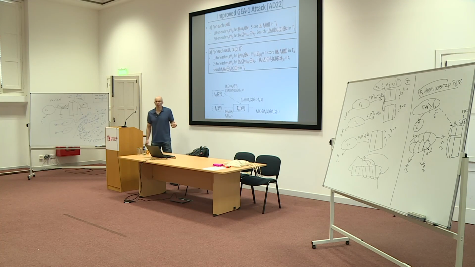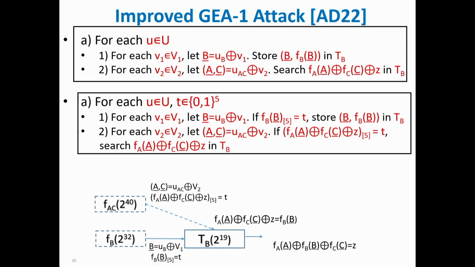Okay, and the second step, what we can do. Now I'm just trying to massage this second step. The extra thing that we ask is, instead of just looking up the AC state, which is the XOR of 2 vectors, in the table, if this is a right XOR solution, then we look at the 5-bit prefix, and it should equal T, right?